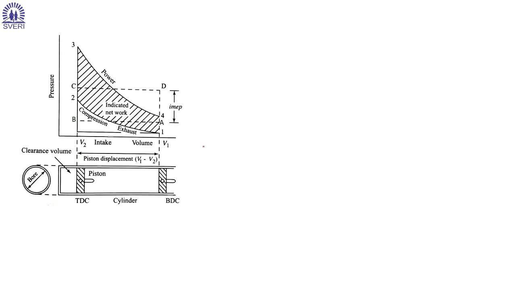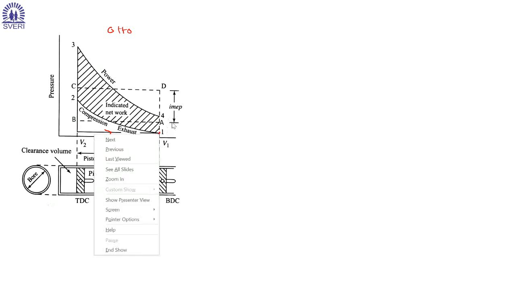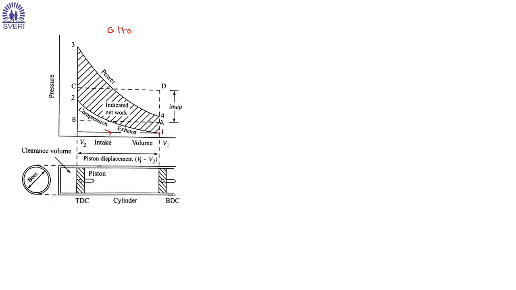Now what you see on the screen is your Otto cycle. In Otto cycle, the suction takes place inside a cylinder. So air fuel mixture comes inside. Piston is at BDC. Now the piston moves from BDC to the TDC. The compression takes place.